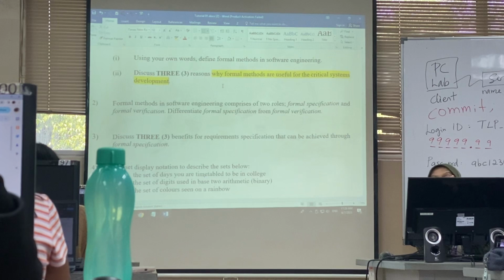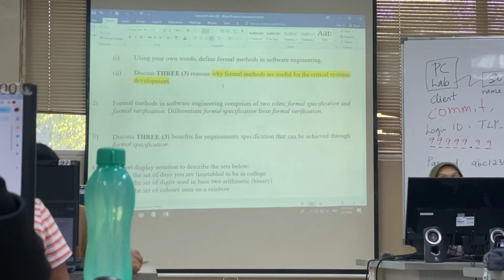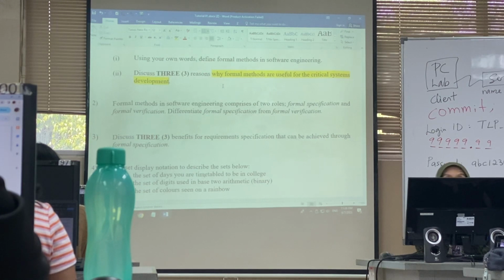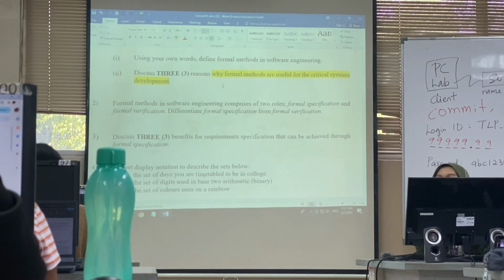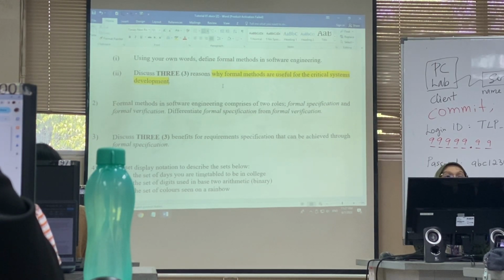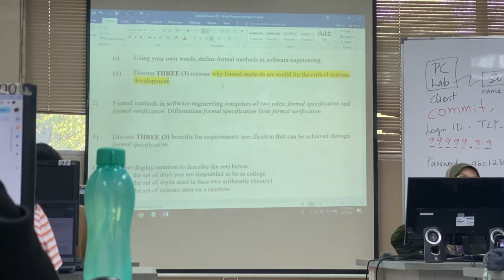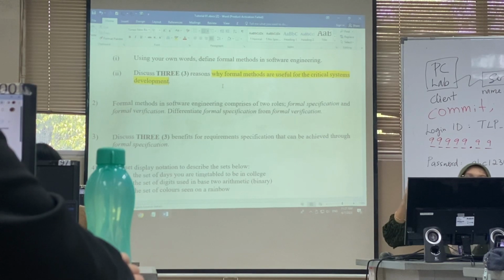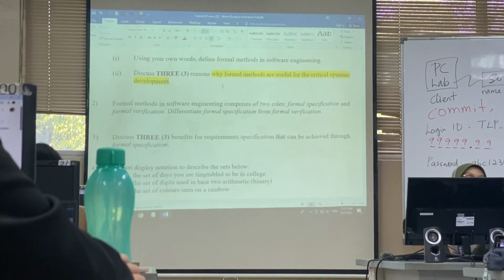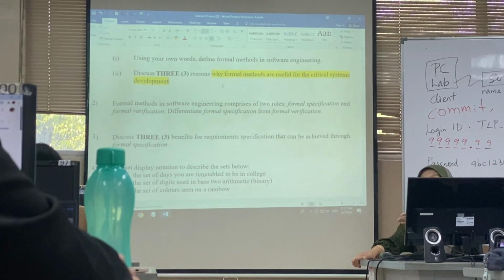Like I told you just now, if you do a normal UML diagram, you can proceed, but at one point you cannot prove that your system is without problems. So that's why you go for formal method, for example specification and verification together, because this system is critical and involves human life. You want to make sure the customer is very happy with your system, so you add the formal method feature, formal specification, formal verification.